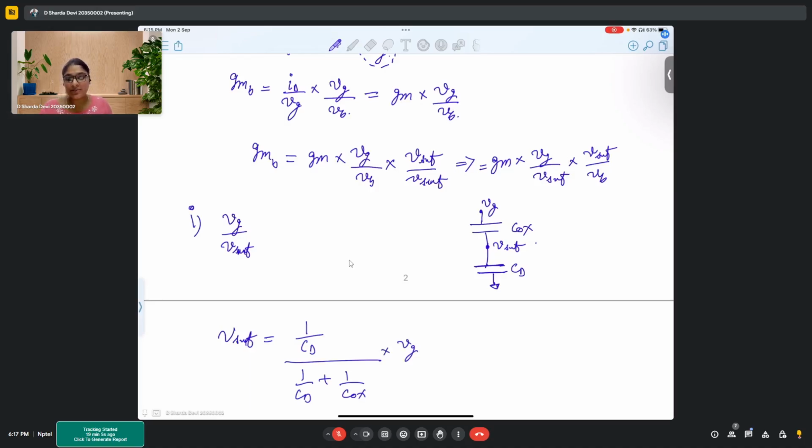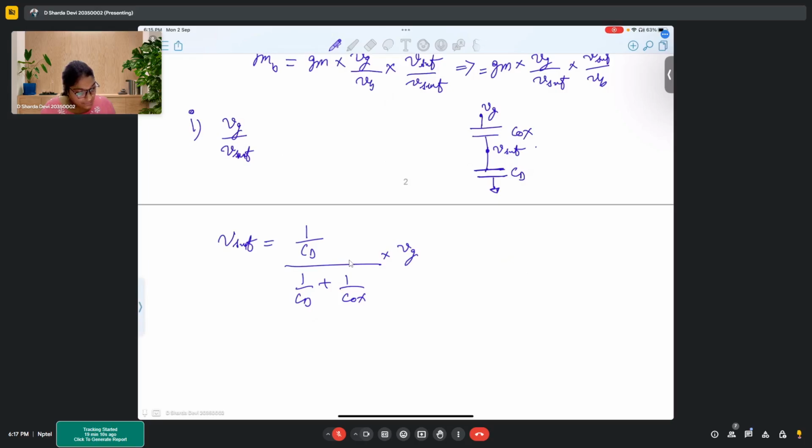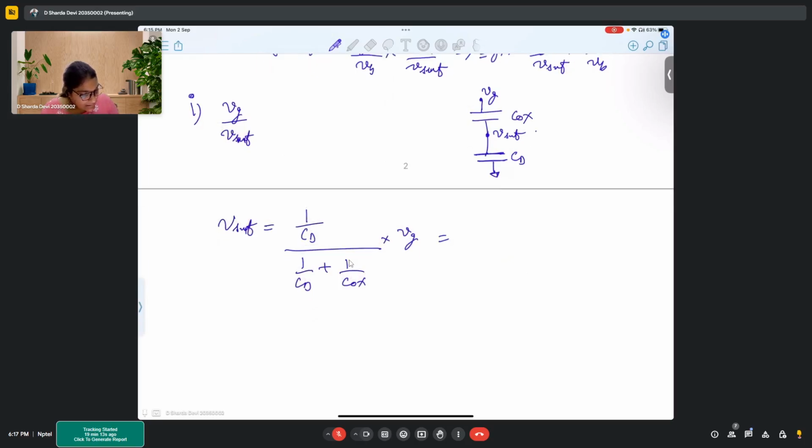Correct? Simple voltage division rule across the capacitance. If we simplify this, it becomes CdCox by Cd into Cox plus Cd. The Cd cancels. This is VG. So this becomes Cox by Cox plus Cd.